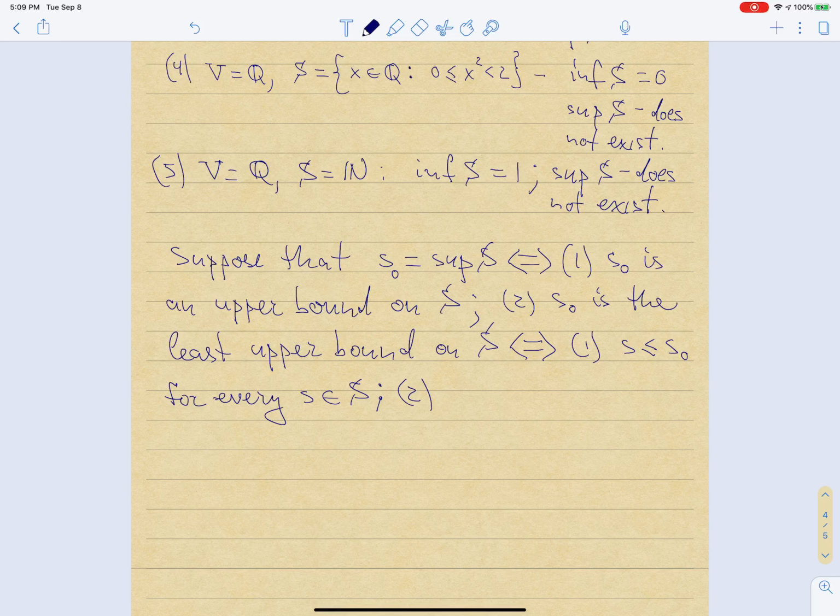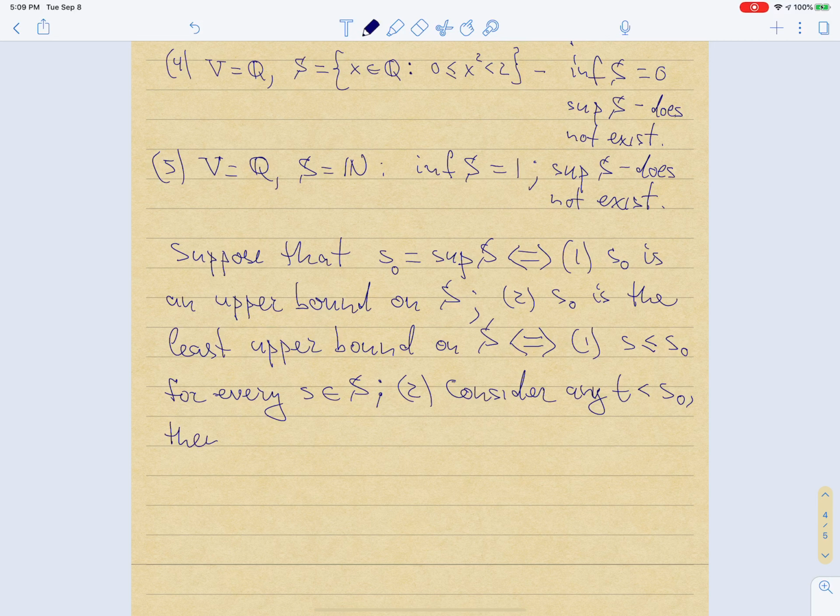It means that if we consider any t which is less than S0, then t is not an upper bound on my set capital S. So if S0 is the least upper bound, then any number below S0 is not an upper bound for S.